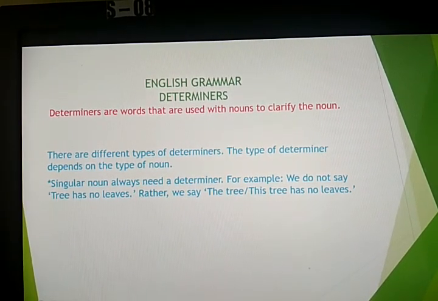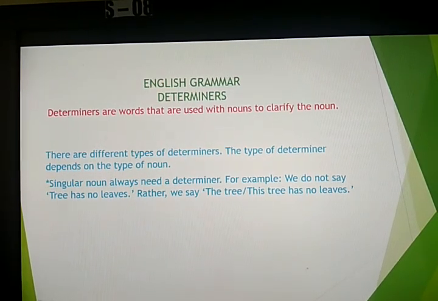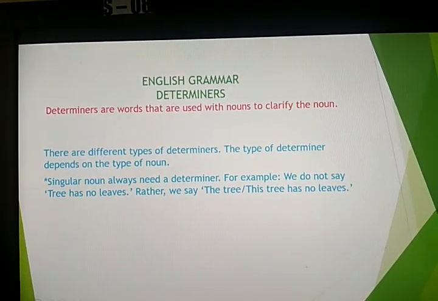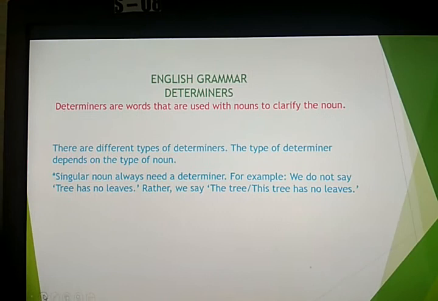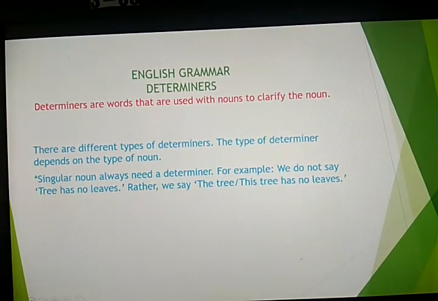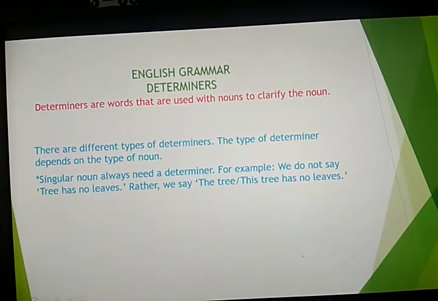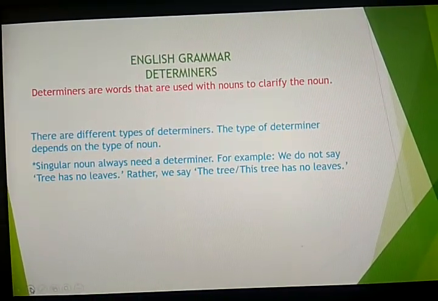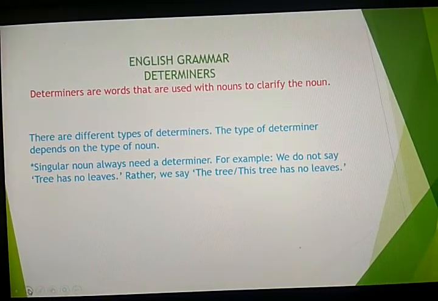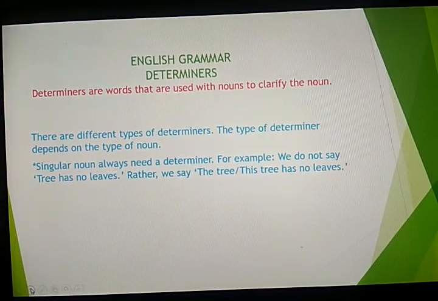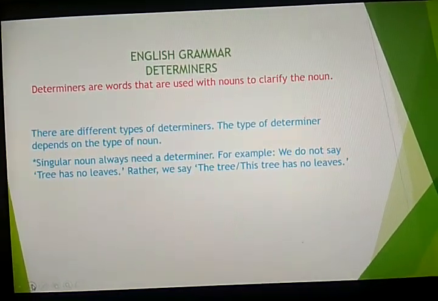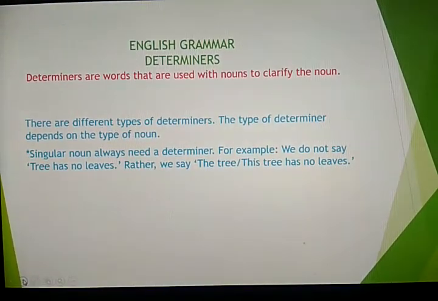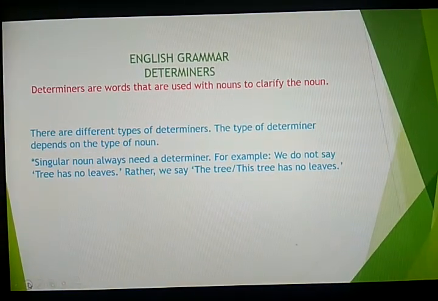Singular nouns always need a determiner. When the noun is singular, we have to use a determiner. Otherwise, it will be grammatically wrong. For example, we do not say "tree has no leaves." Rather, we say "the tree" or "this tree has no leaves."